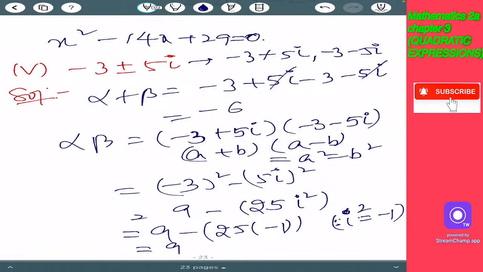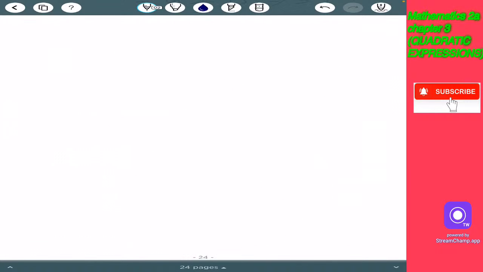So minus of minus becomes plus 25, and it becomes 25 plus 9, that is 34. Now add this in the next step: x square minus sum of roots plus alpha beta is equal to 0.